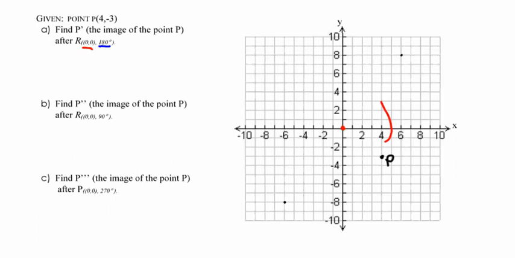So if I want to go 180 degrees or halfway around, rotating from quadrant 4 is going to take me into quadrant 2. In order to perform this rotation, I'm going to take my straight edge and draw the line that goes through point P and through my center of rotation.